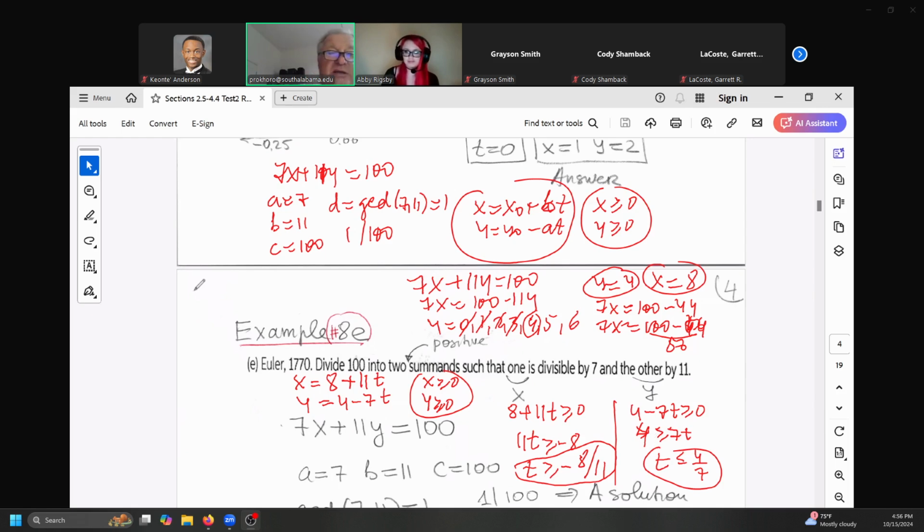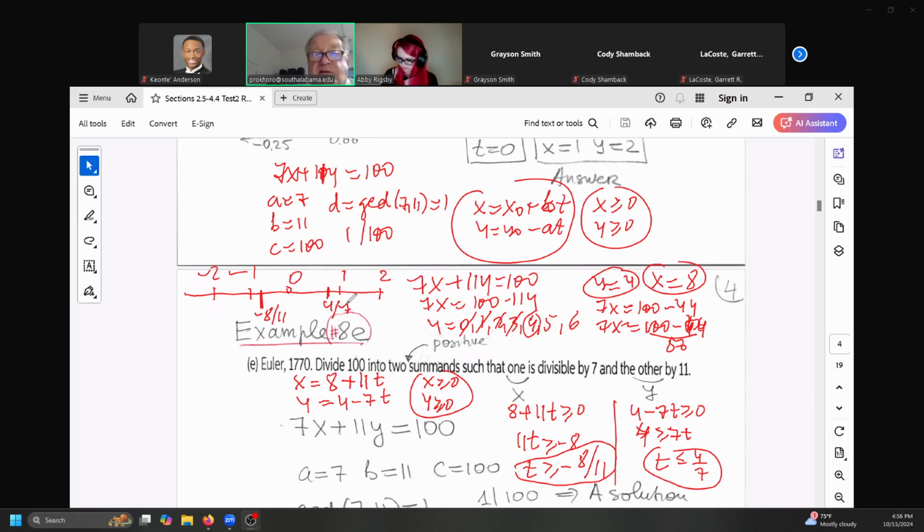Okay, now I will draw a real line, and I will write 0, then 1, 2, then negative 1, negative 2, and I will plot the points. Negative 8 over 11 is between 0 and negative 1. And then 4 over 7 is between 0 and 1.